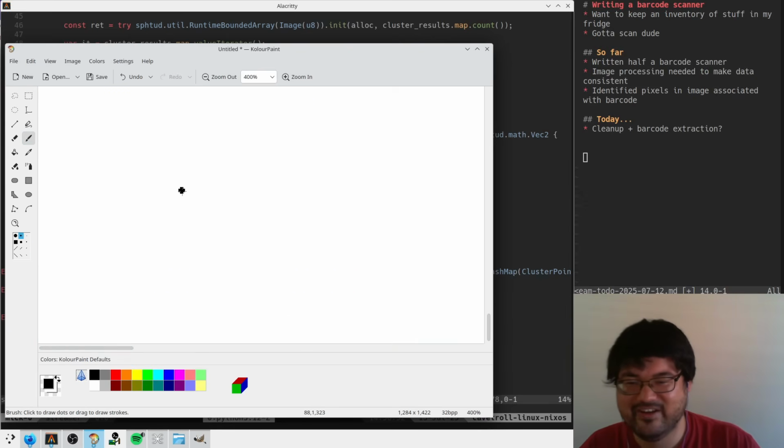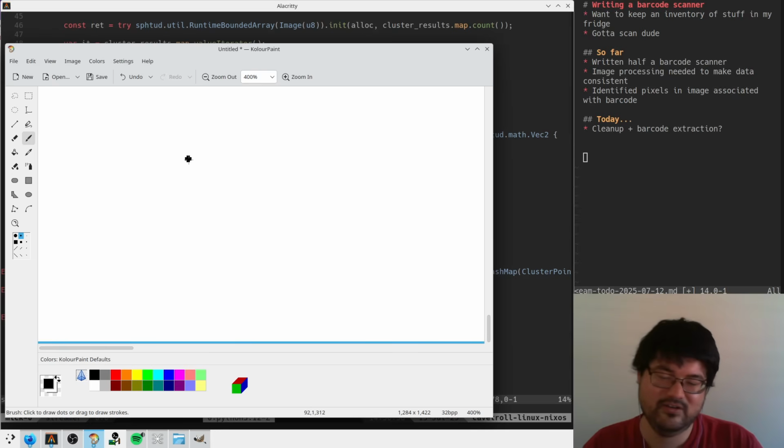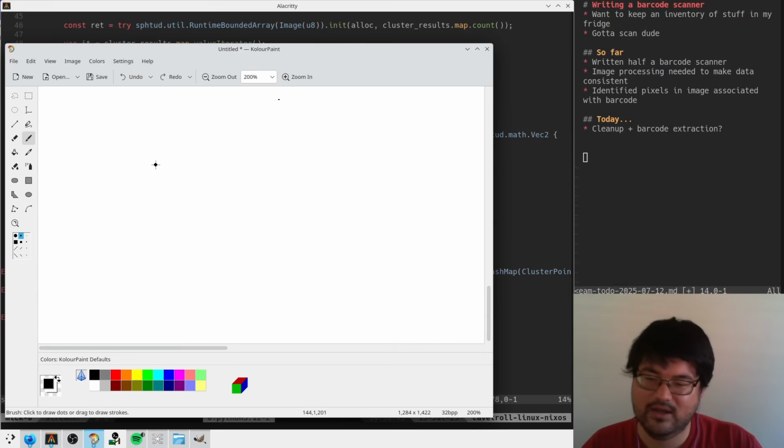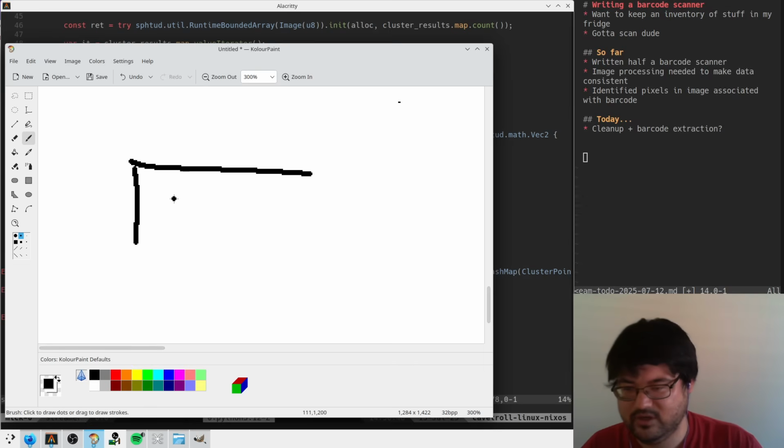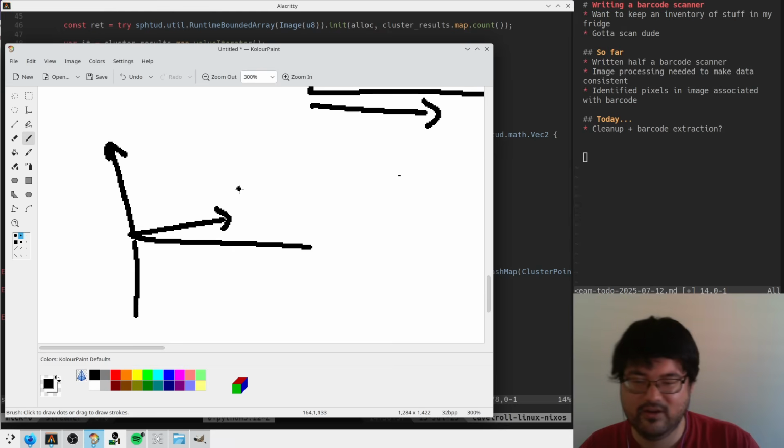So we have the old value. Here's the image. Say our new x-axis, we're rotating just a teeny tiny bit up to the left. Or this way.